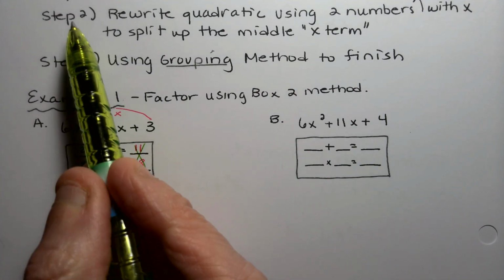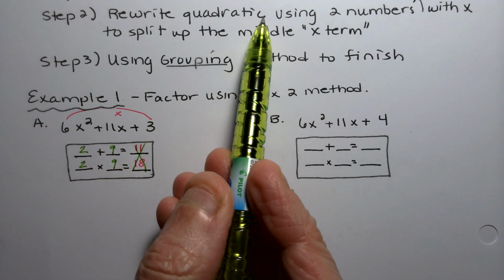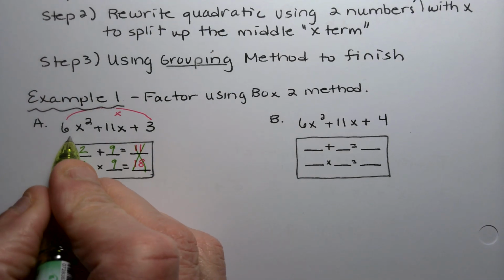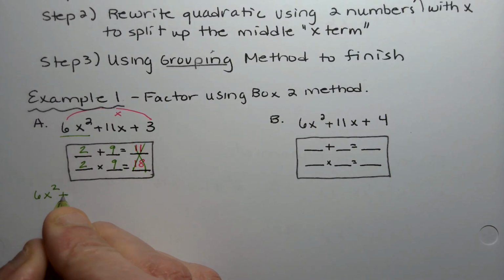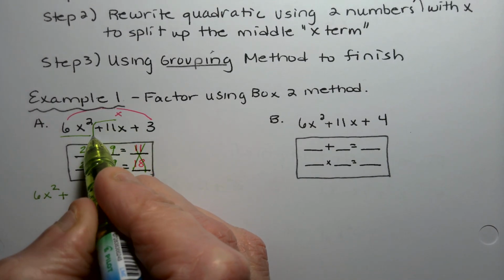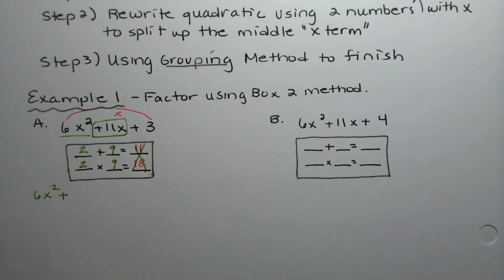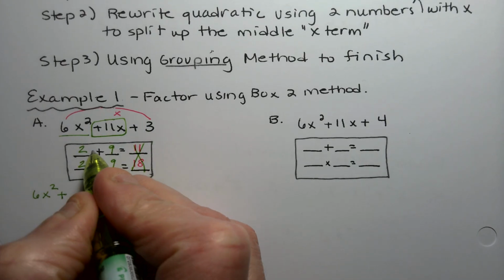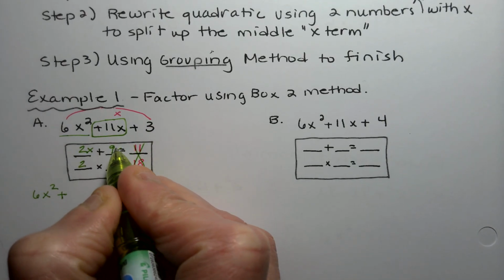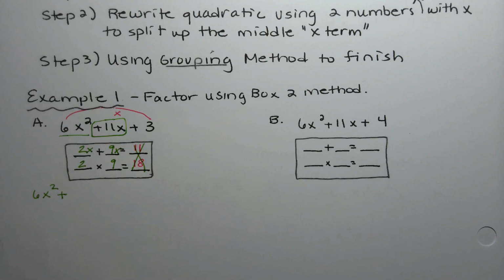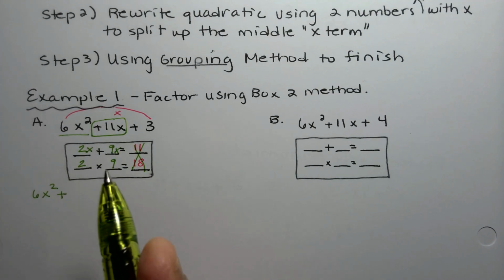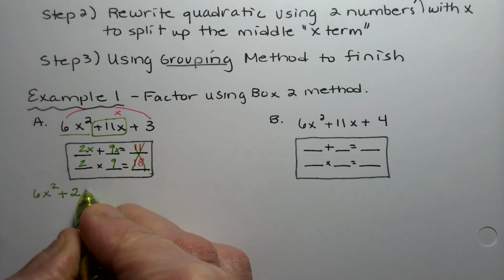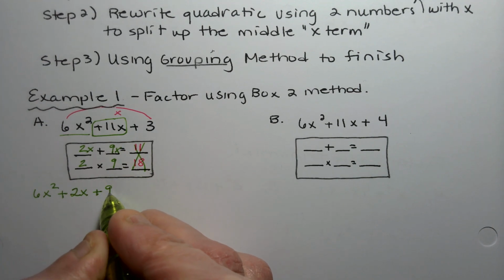But now we are on step 2 right here. We're going to rewrite the quadratic. So the first term, you write down 6x squared plus. But this second term right here, we're going to remove and replace it with 2x and 9x. Because what's 2x plus 9x? 11x. So I'm not changing it, I'm changing the way it looks.